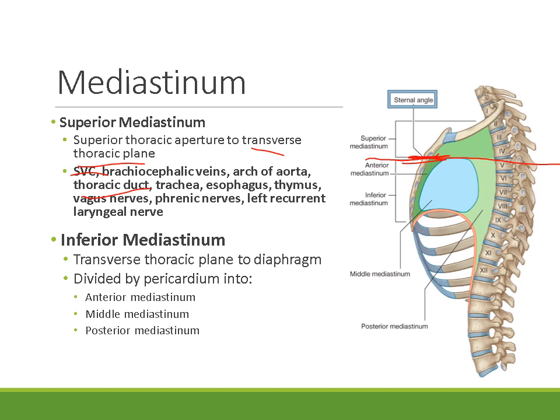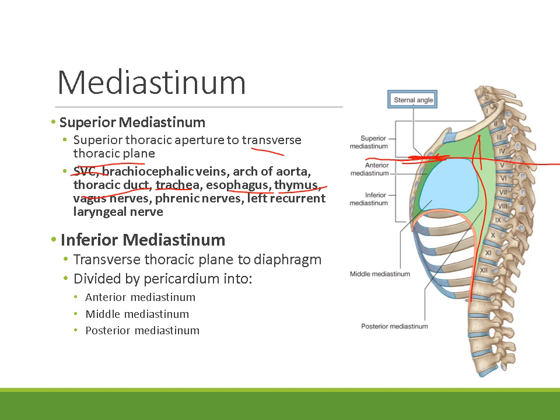Also, the trachea passes through this area, and right at the bottom of it is where the trachea splits into the two main bronchi. The esophagus passes through the superior mediastinum and then actually passes all the way down through the inferior mediastinum as well. The thymus sits in the anterior region of the superior mediastinum. Sometimes it dips down into the inferior part, but I'll talk about that later.